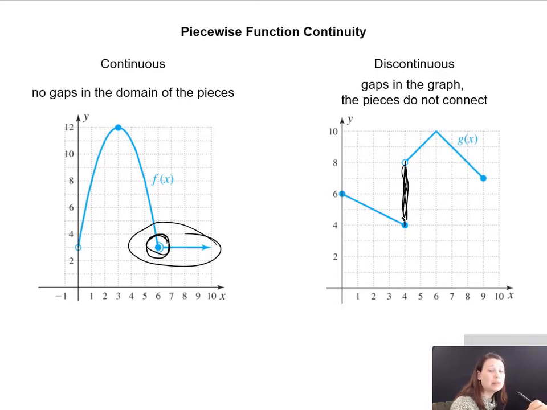They don't connect there, so this function is discontinuous, okay? So that's what they kind of visually look like. It's hard to tell just by looking at the function notation itself of a piecewise if it's continuous or discontinuous. It's much easier to look at a graph because visually, right, continuity is very obvious, okay?